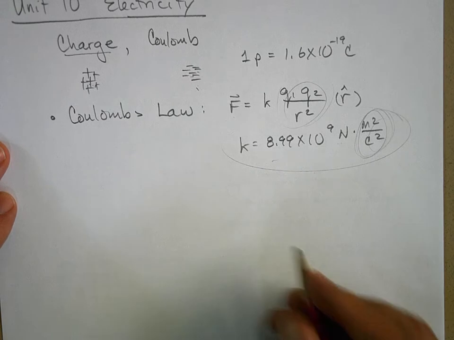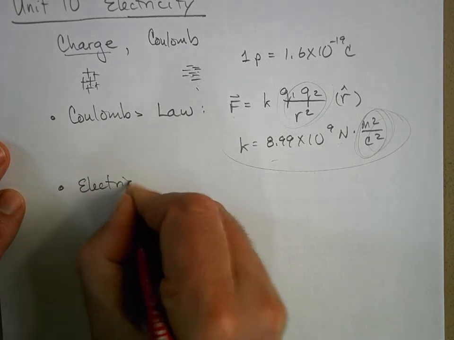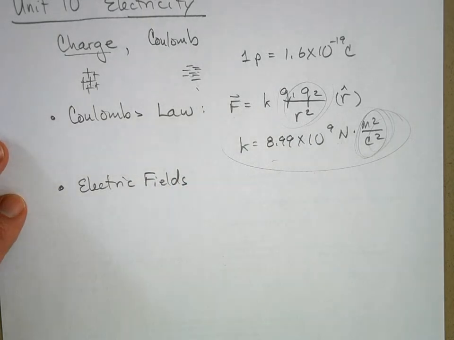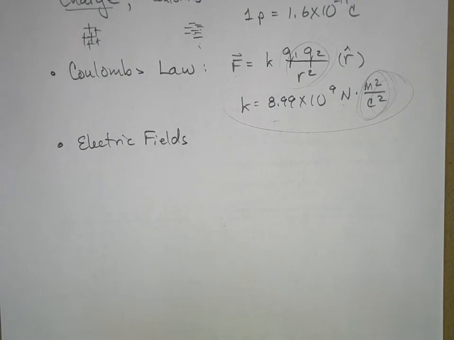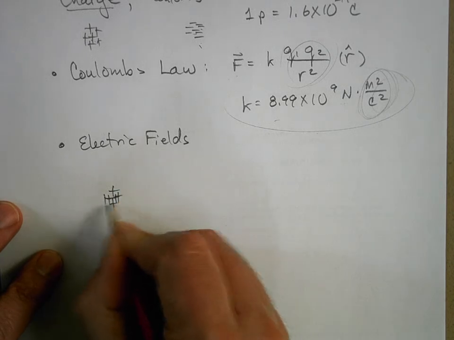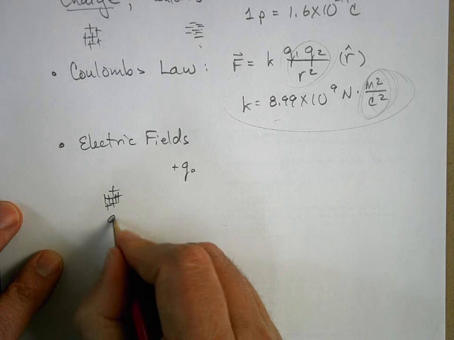And I want you to understand electric fields. Electric fields are a way of visualizing or imagining what's happening in the space around a charged particle. If I have a whole bunch of charge somewhere, and I put a test charge right here, I'll call that Q naught, and this is Q, they will repel each other.